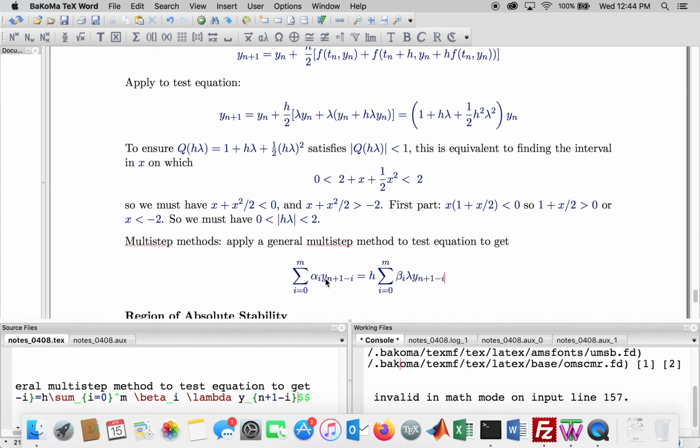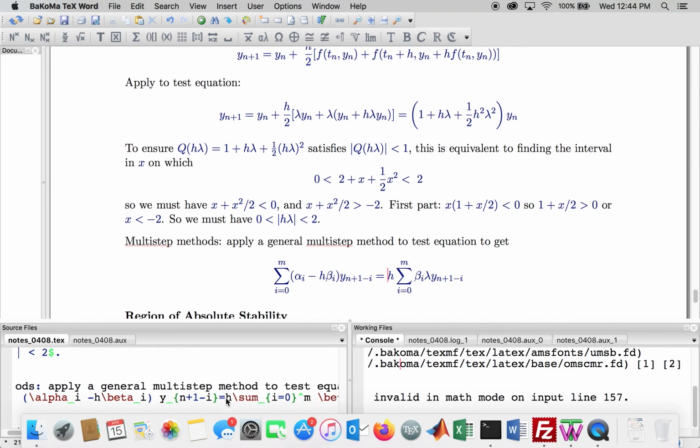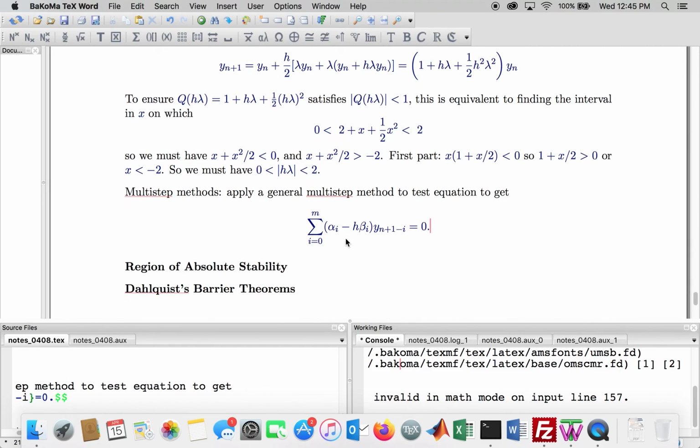So really what I can do is move everything onto one side, and I'll get the sum of (alpha i minus h lambda beta i) times all these y values is equal to 0.